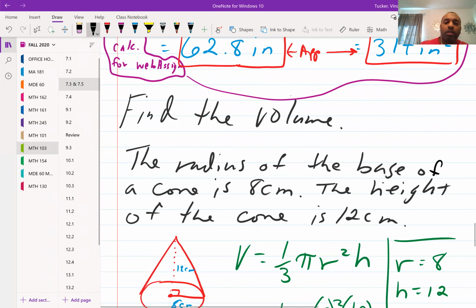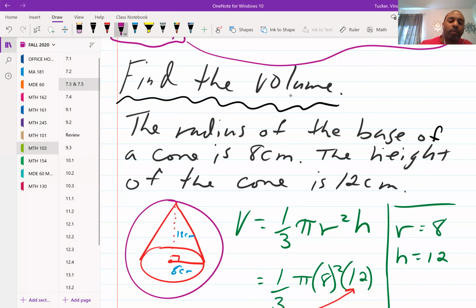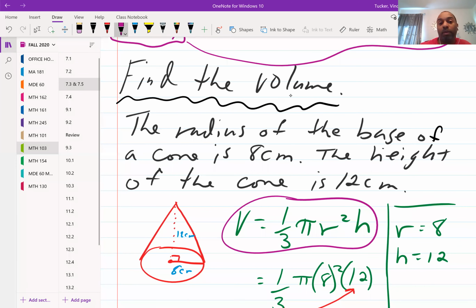All right. So I did a little diagram there. It says that the radius of the base of the cone is 8 centimeters and the height of the cone is 12 centimeters. Like I said, this is my diagram right here. This right here is the formula for the volume of a cone.